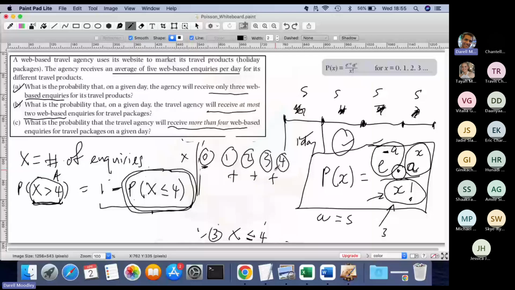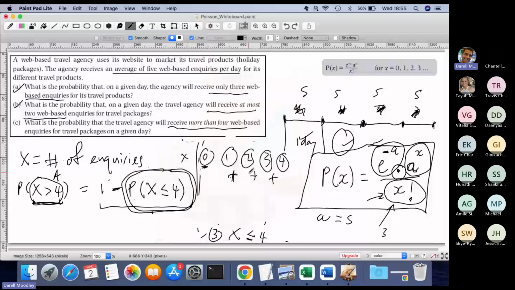If we do that, don't forget this 1, we're just going to bring this 1 minus down. So next time, 1 minus. If we do what I just told you, working out each of these probabilities and adding them up, you'll get a value of 0.4405. And so your final answer is 1 minus that probability, which is about 55.95%.